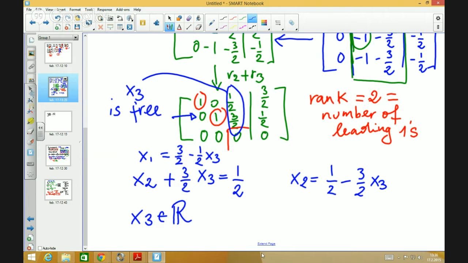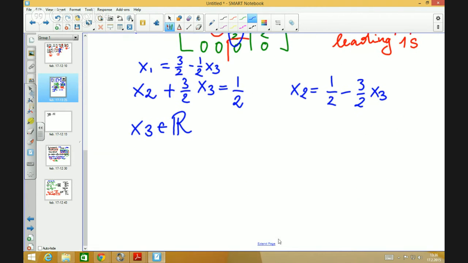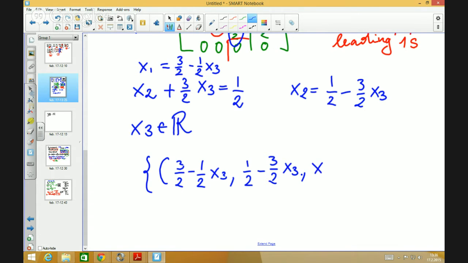So what are the solutions here? The solutions are going to be all of the triples of real numbers that take exactly this form: 3/2 minus 1/2 of x3, 1/2 minus 3/2 of x3, and x3, where x3 is any real number.